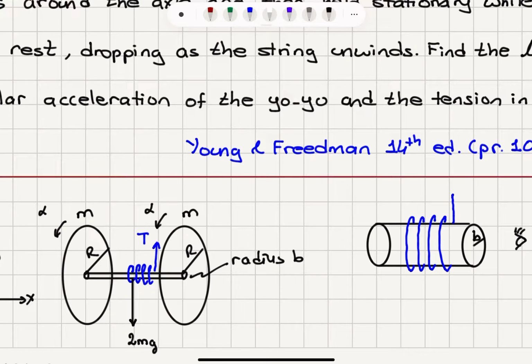However, these two discs have masses m each. It's a symmetric mass distribution. The center of mass will be right in the middle, and the total weight will be 2mg, pointing down, and we have the tension in the string pointing up.